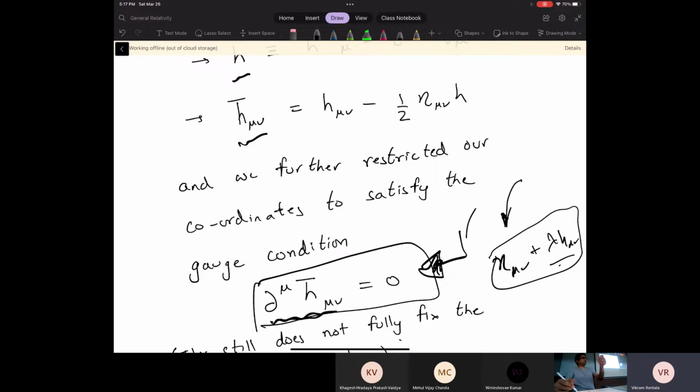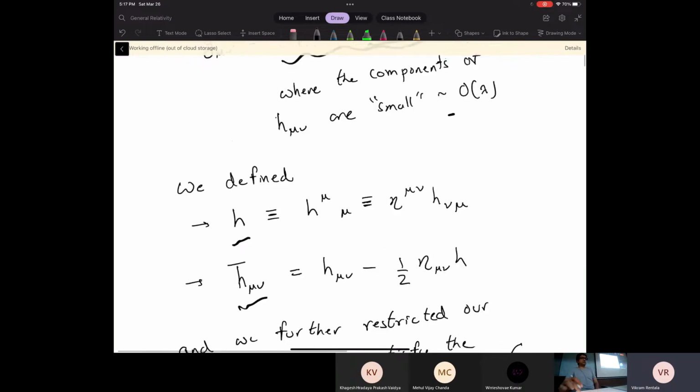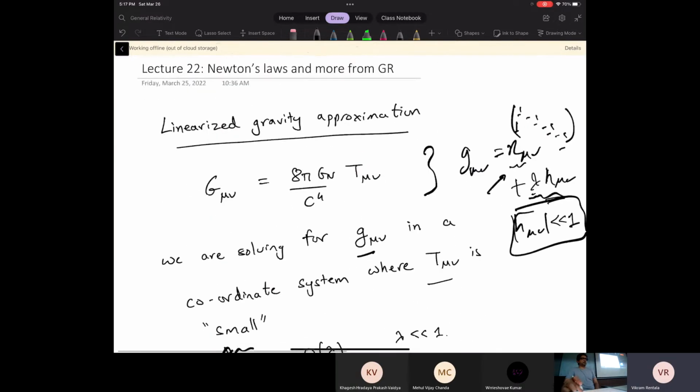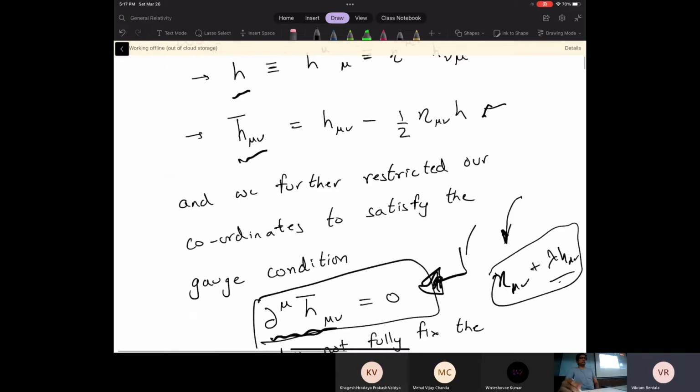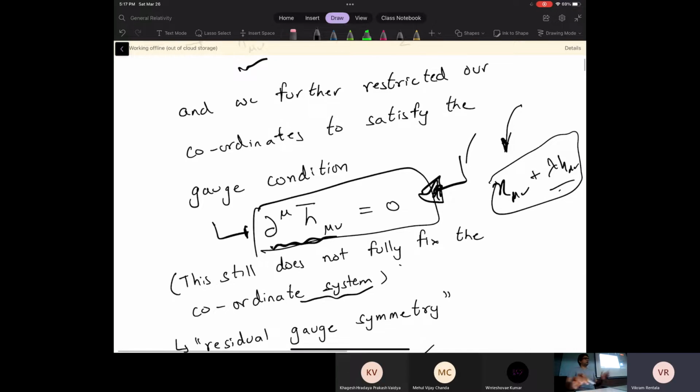Then we can make further small coordinate transformations which preserve this gauge condition. But the point is that that initial choice is compatible with this gauge condition.